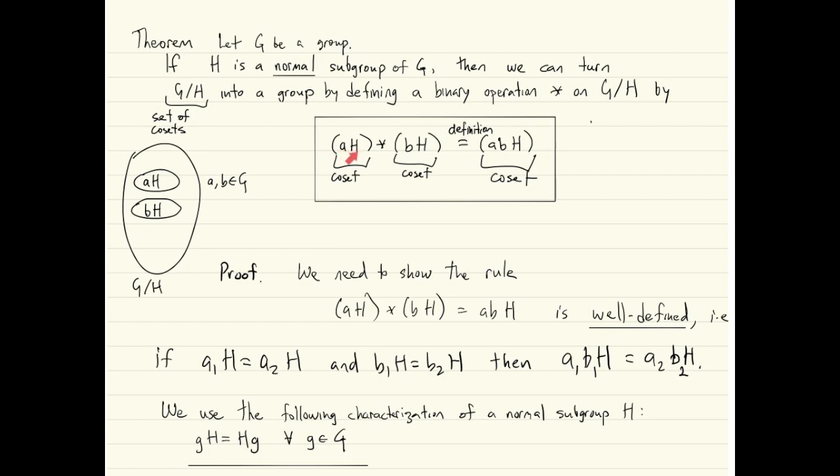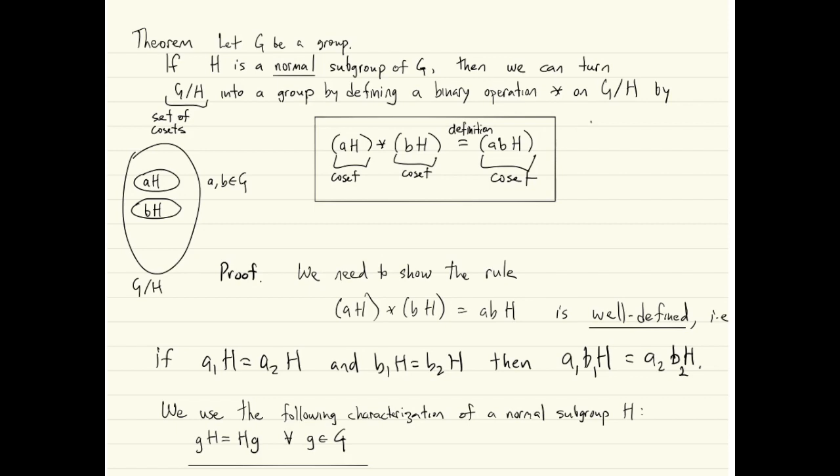Remember, AH as a set consists of a bunch of elements, and A is one of those elements. Similarly, BH is a coset, so it consists of a bunch of elements, and B is one of those elements. And then we take an element from this coset, an element from this coset, and multiply those elements in G, and we get an element in G. And we say that, well, the coset that that element is in is the product of these two things.